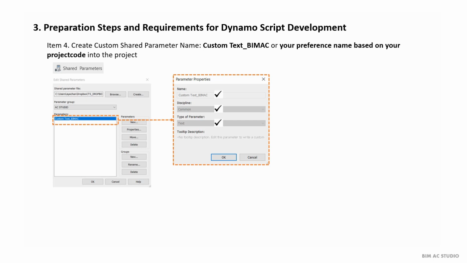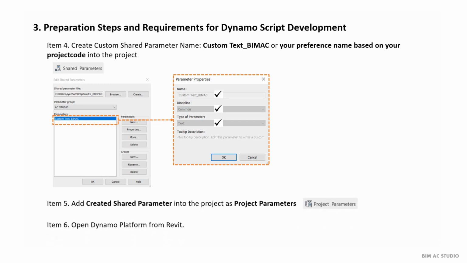After you create a new group, then you can create a new parameter. In the parameter properties, please kindly note the discipline should be common, and the type of parameter must be text. After you create a shared parameter, you need to add this parameter into your project as a project parameter. After you have completed all these steps, then you can open the Dynamo platform from Revit.